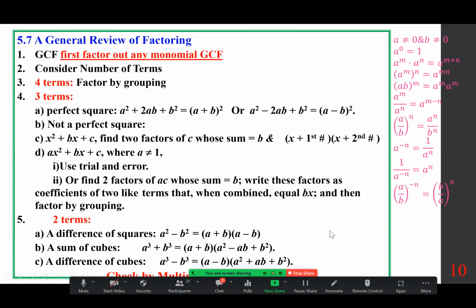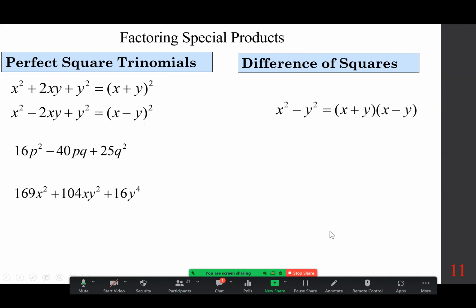All right, so that's the synopsis of factoring. Again, refreshing everyone's memory as far as some perfect square trinomials, difference of squares. So we want to do the factoring in these 2 cases. I hope you recognize what's going on. This is a perfect square of 4p.